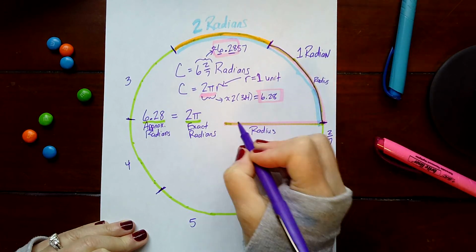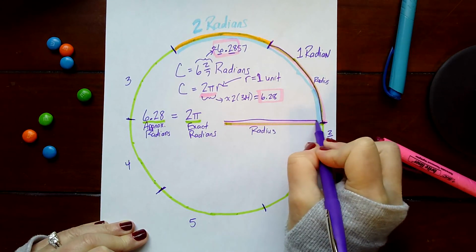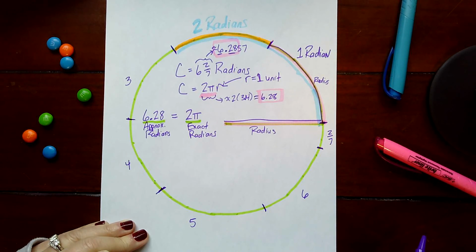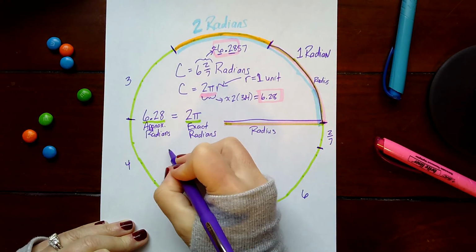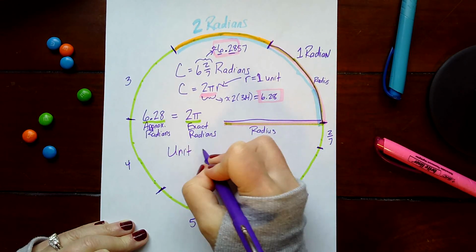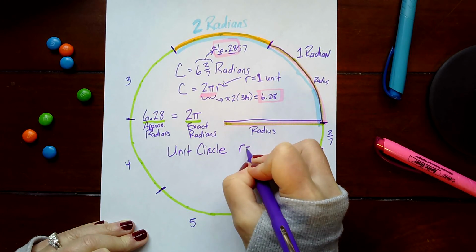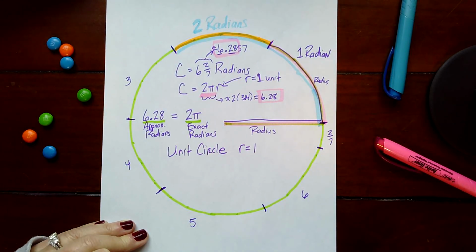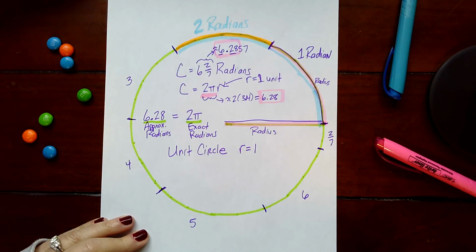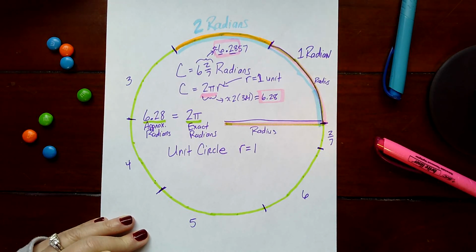And our unit here is the length of our 7 M&Ms that we used. This is called the unit circle. It's the unit circle because the radius is assumed to be 1. And even though our radius length was made up of 7 M&Ms, it was 1 complete length of M&Ms, so it's considered 1.